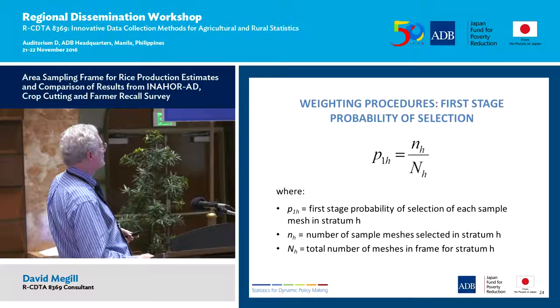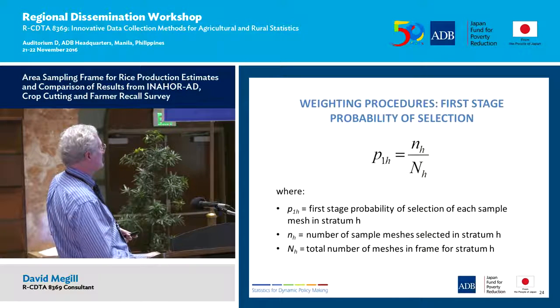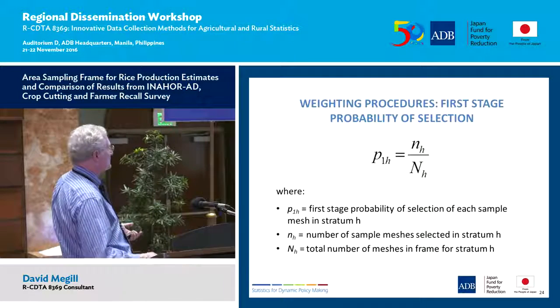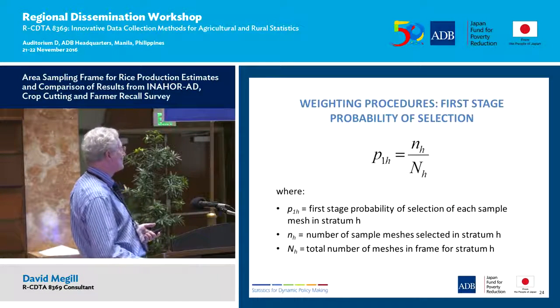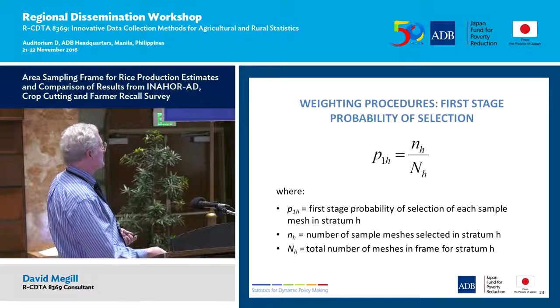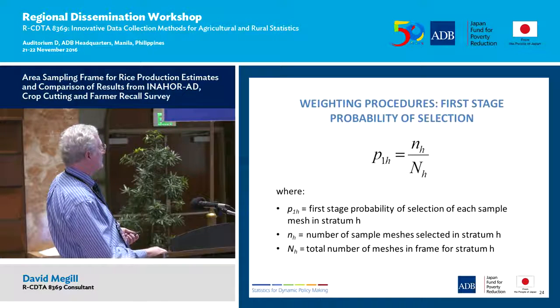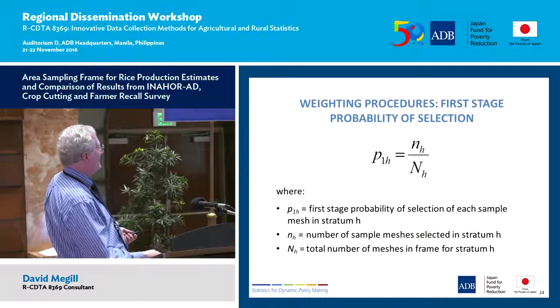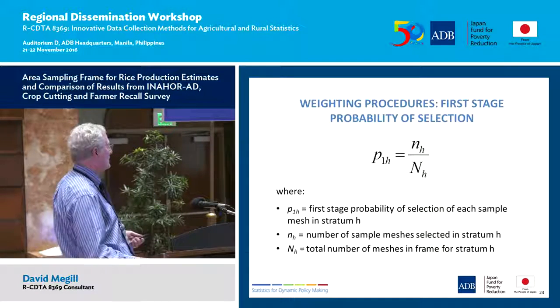At the first stage, the denominator here is the total number of meshes. So we're simply taking a sample of meshes out of the total number of meshes in the frame. For example, in the case of the Globe Erie stratum, we're selecting 80 out of the total number of meshes in that stratum for each province.